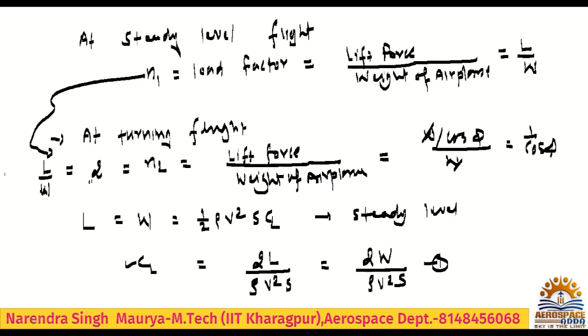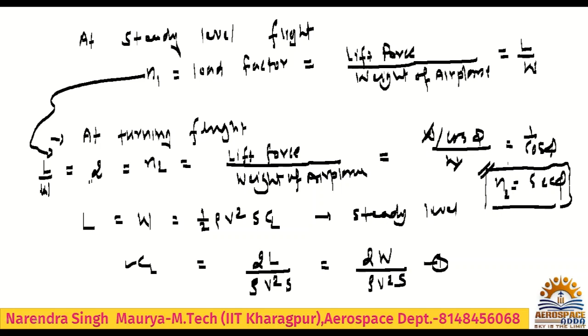How you would know? Because that is also asked one time. This is the load factor, check, and this load factor you got N2, which is during the turning, 1 upon cos phi, and 1 upon cos phi is nothing but sec phi. And sec phi value is always greater than 1. Hence, load factor will be greater than 1, because what is the range of cos phi?